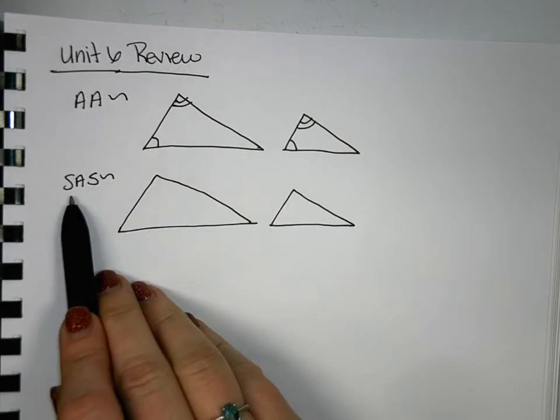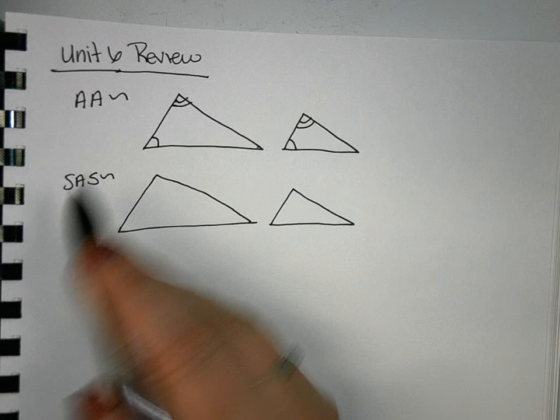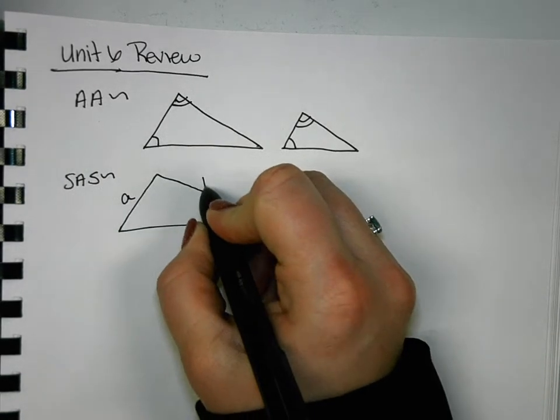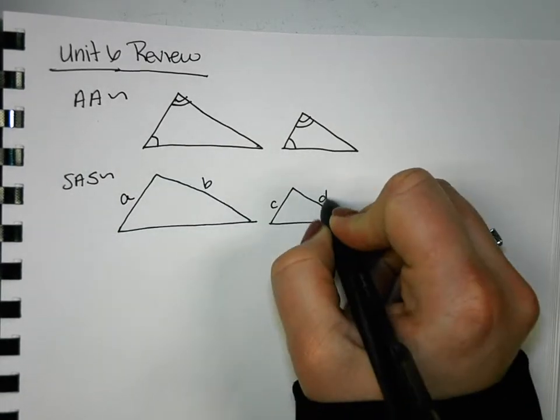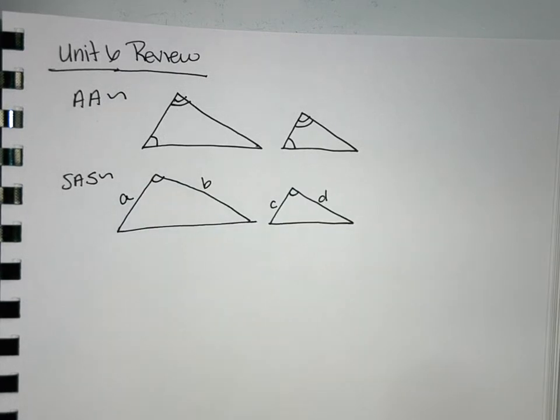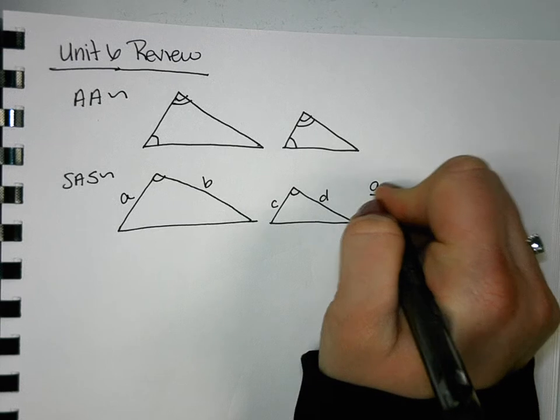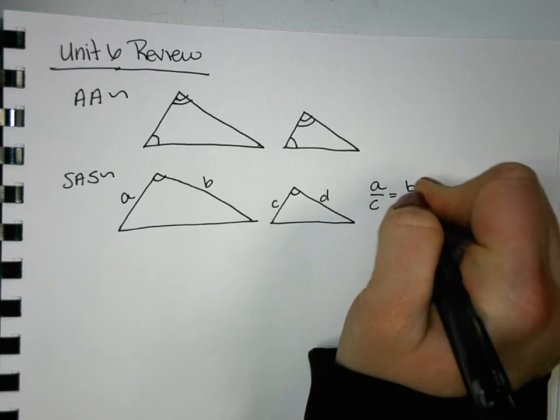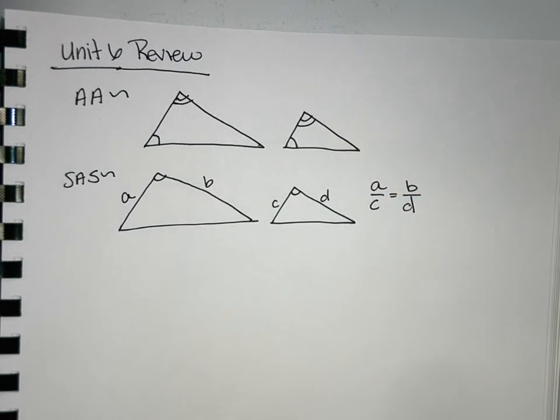Side angle side, much like congruency, we had to know that the angle in between two sides were congruent and that the ratio of the two sides was the same.